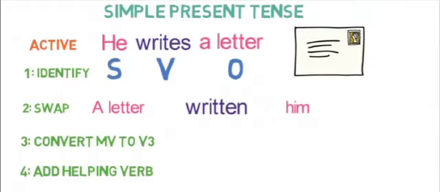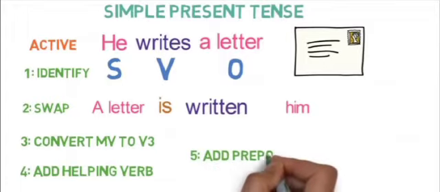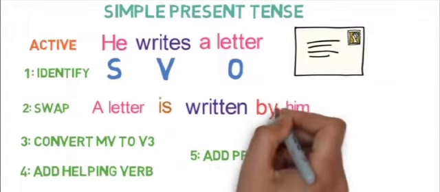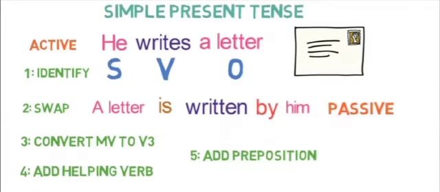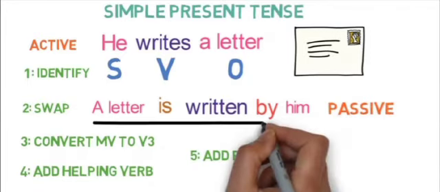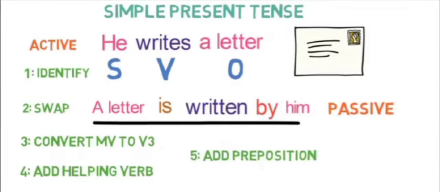Add a helping verb, is, since it is in simple present tense, and then apply the fifth rule. Add a suitable preposition, that is by. So the passive form will be a letter is written by him.